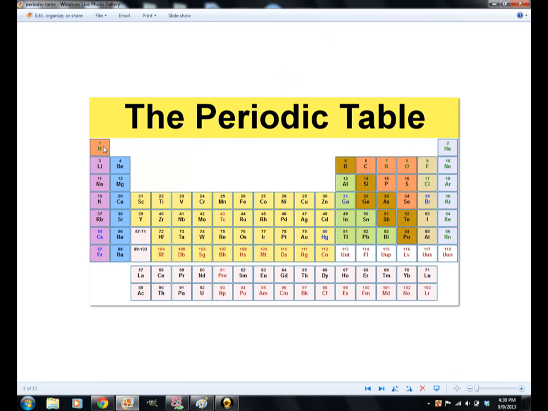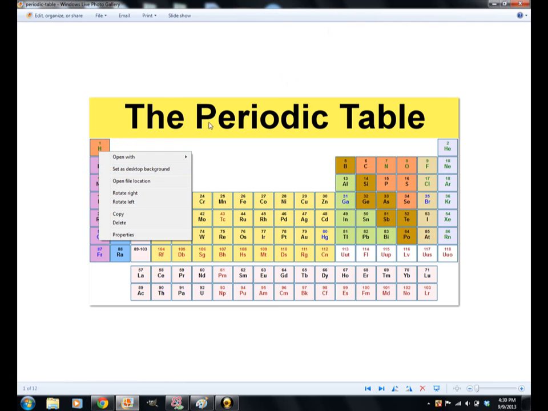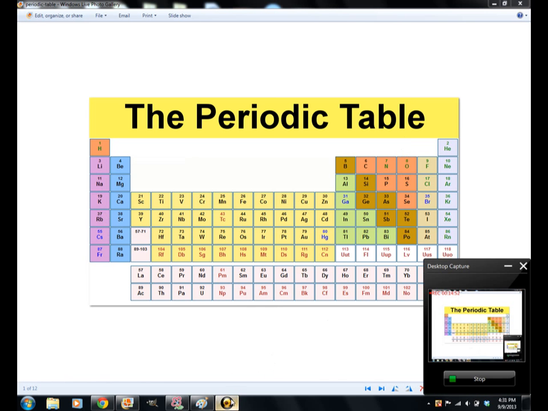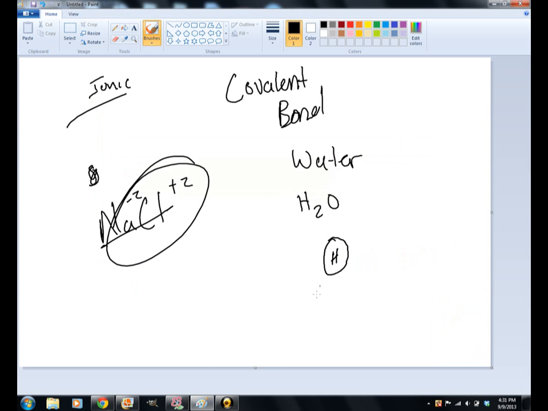Yeah, see hydrogen right there. And then oxygen over here, which wants 2. So hydrogen is 1. Oxygen wants 2 to fill up.